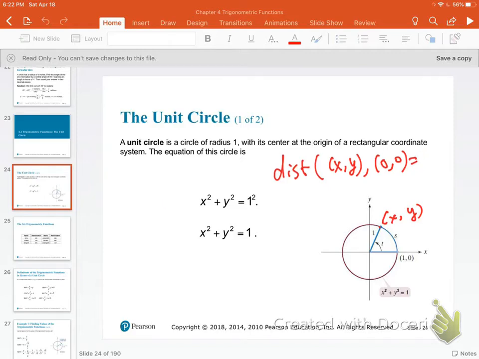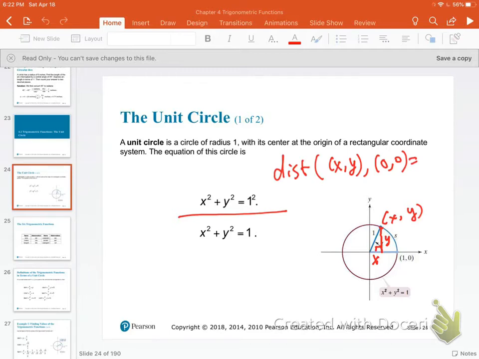If you look at a right triangle, you can draw a right triangle like this. What's the height of this triangle? y. What's the bottom side of the triangle? x. So if you use the Pythagorean theorem, you get x squared plus y squared is 1 squared.